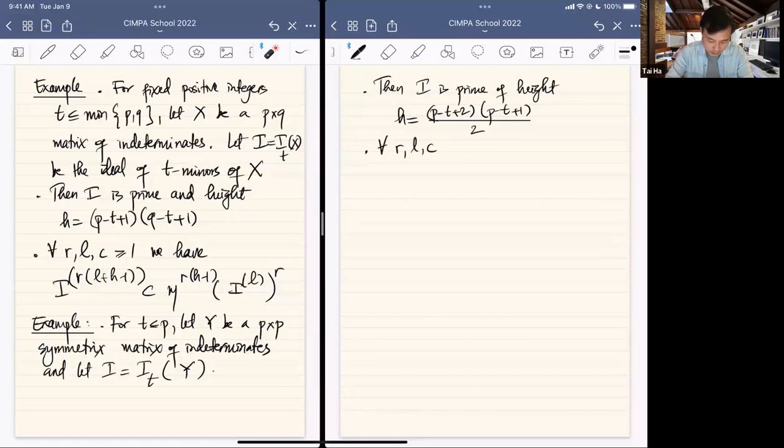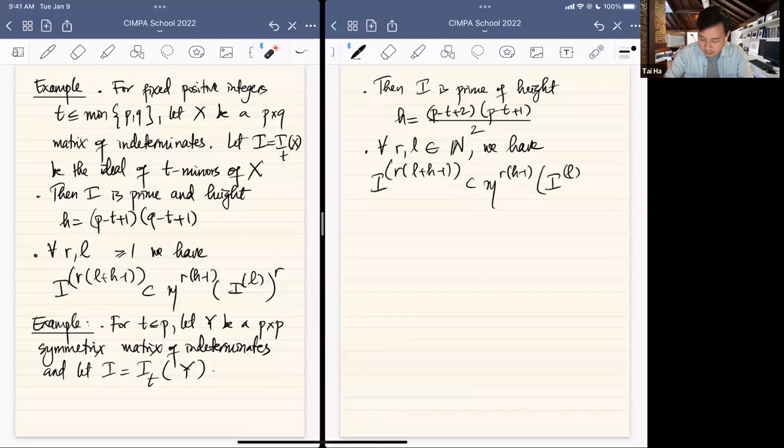there's no c, I think. Sorry, in my statement, there's no c. I have a more general statement that has c, but here I don't have c. So let's just forget about c. Inside, we have the expected containment. And then I think that's it.